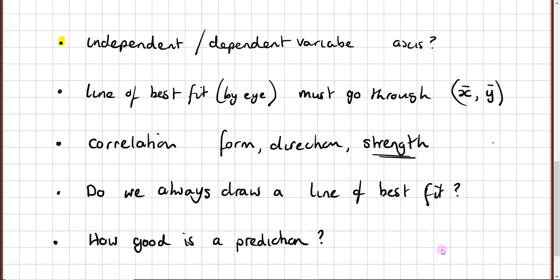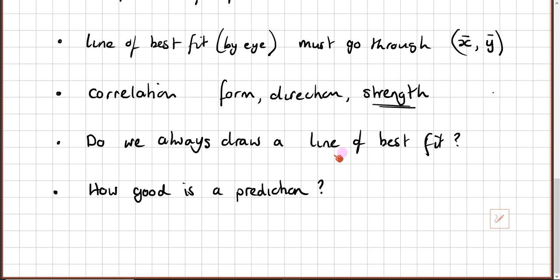All right, so one more word to consider, and it goes with this: how good is a prediction? Okay, so what have we got so far for how good is a prediction? It's as accurate as the correlation between two variables. Okay.